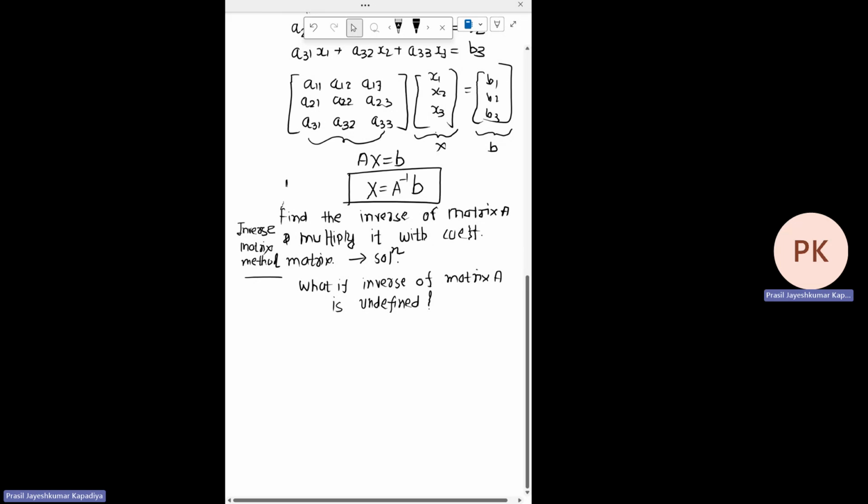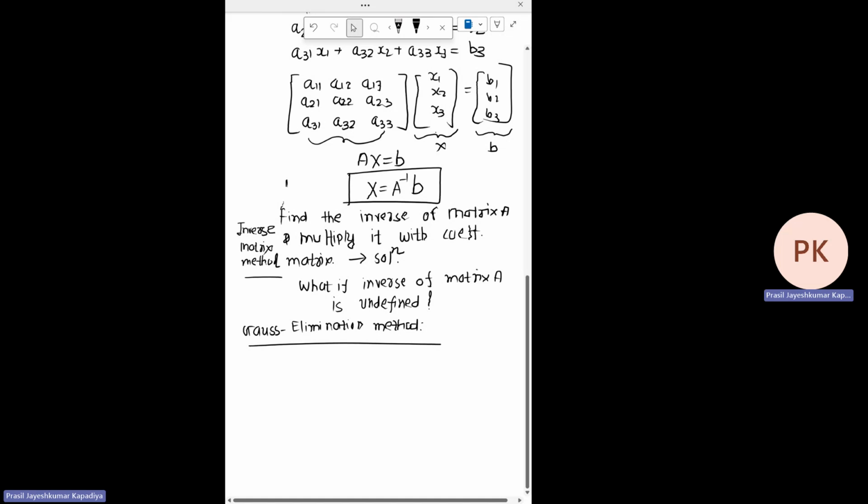Okay, so let's say we are going for the Gauss elimination method. I will try to explain this method with one example.